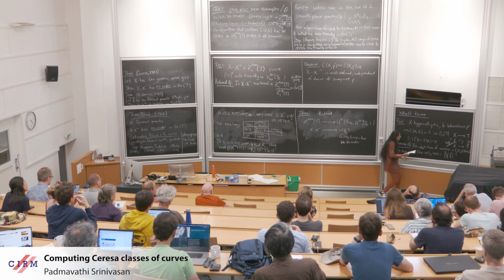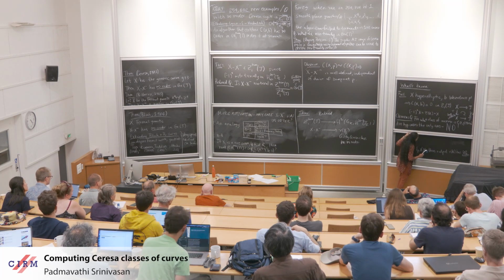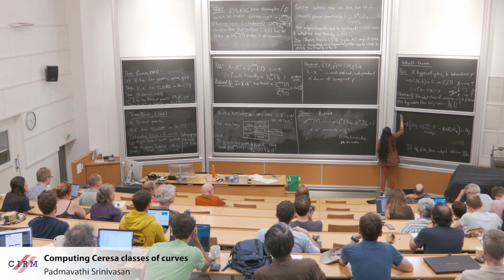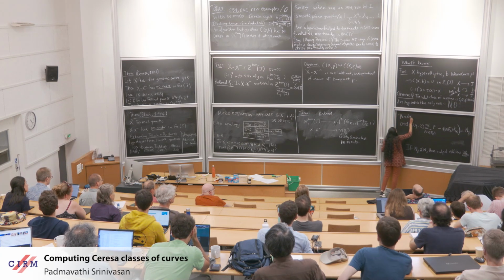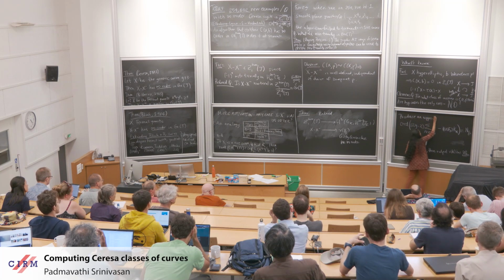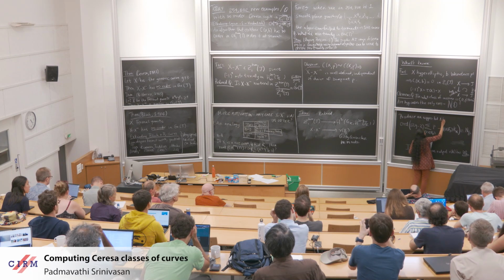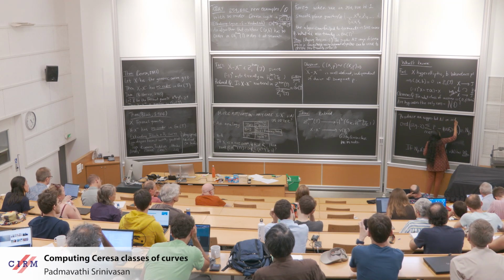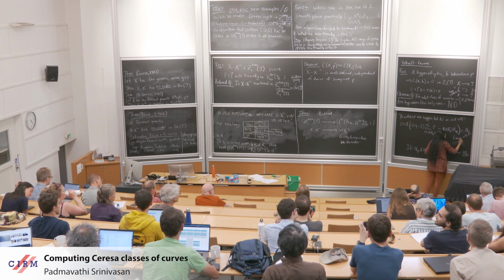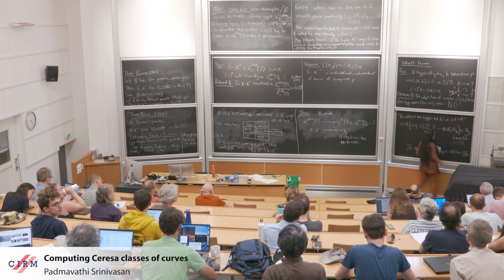Okay, so I hit something on the board. Maybe I should have written more. So you can produce a computable upper bound n on mu_X, and you also have lower bounds on the order of the Ceresa class.